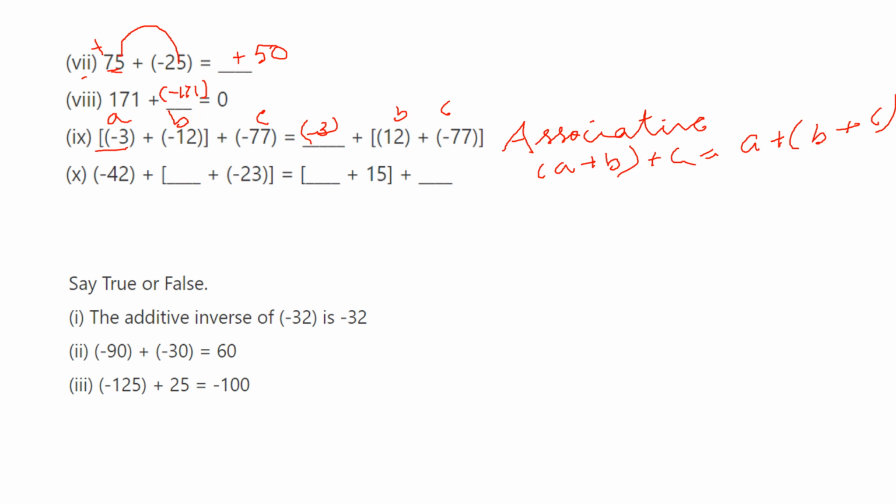This is also the associative property, that means A plus bracket of B plus C equals bracket of A plus B, plus C. You substitute the values only. A value here is minus 42, so you write minus 42. B value is 15, so write 15. C value is minus 23, so you write here minus 23.